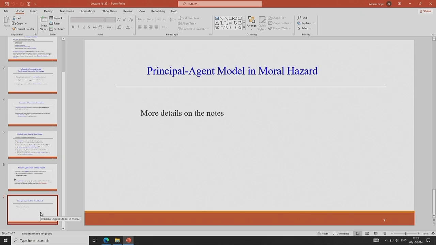Is it that the principal's always going to like... Hang on, sorry, I'll stop you. Whose utility are we talking about? This is U, okay? So U is for the agent, and V is for the principal. I haven't written it down here, but you always have it. Go on.